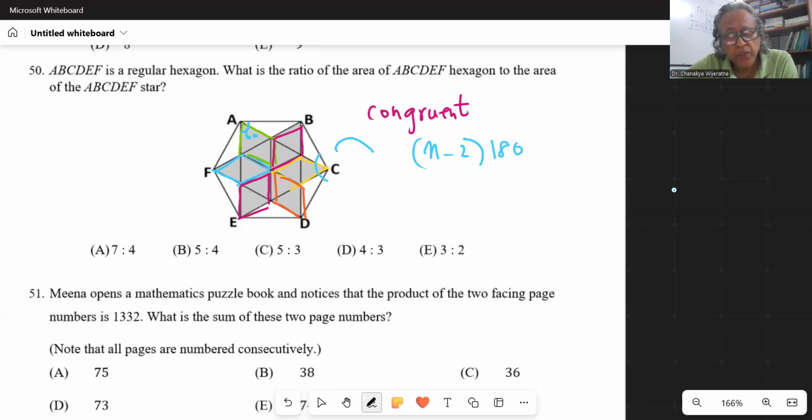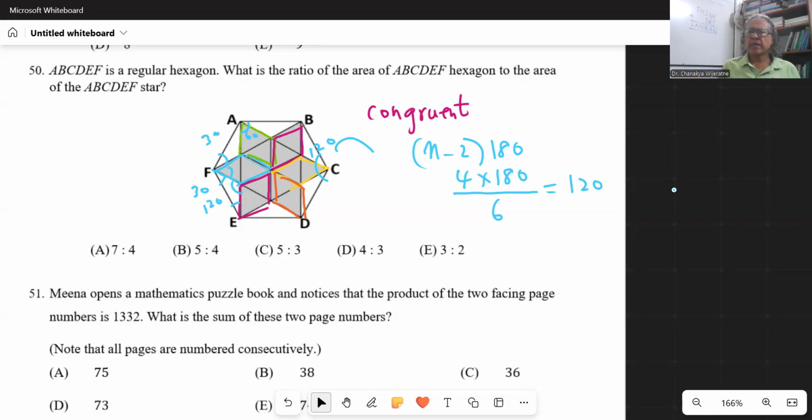We have 6 sides, so 4 times 180, and since this is a regular hexagon, you divide by 6. So the interior angle is 120, so this is 120. That means this is 30, because this is 60. So this is also 30, this is 120.